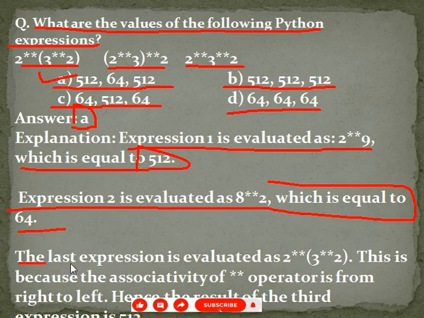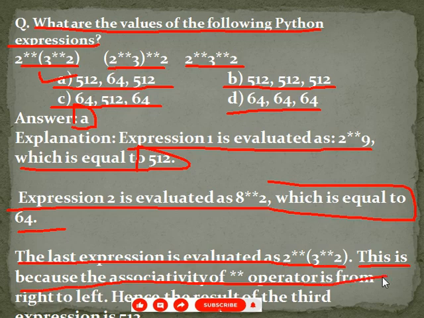The last expression is evaluated as 2 ** 3 ** 2. This is because the associativity of the double star operator is from right to left. Hence the result of the third expression is 512. So our correct option is option A 512, 64 and 512.